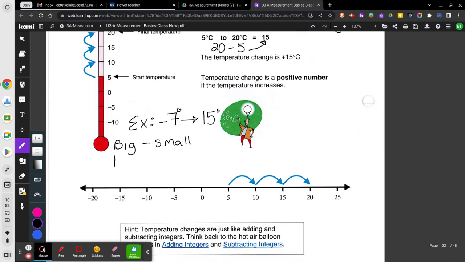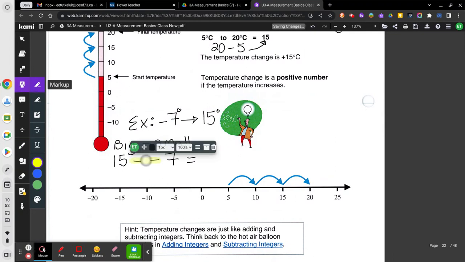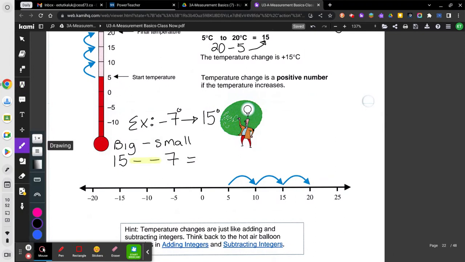So I would take 15, subtract -7, and this is what you've got to type in your calculator. This is the important part. Your 15 subtract a negative. And when you subtract a negative, it's going to become a positive. So your answer is going to end up being 22.